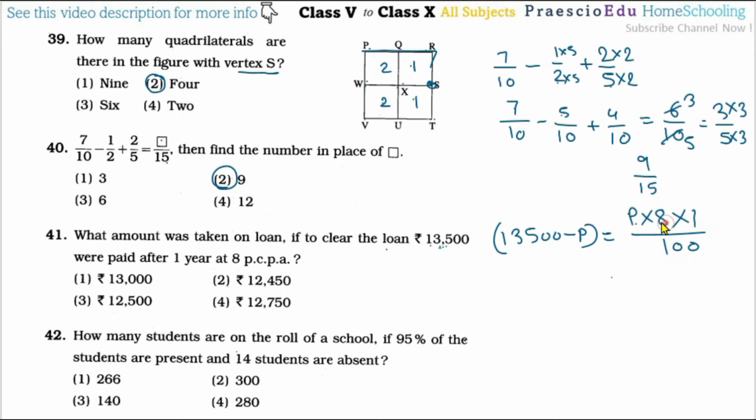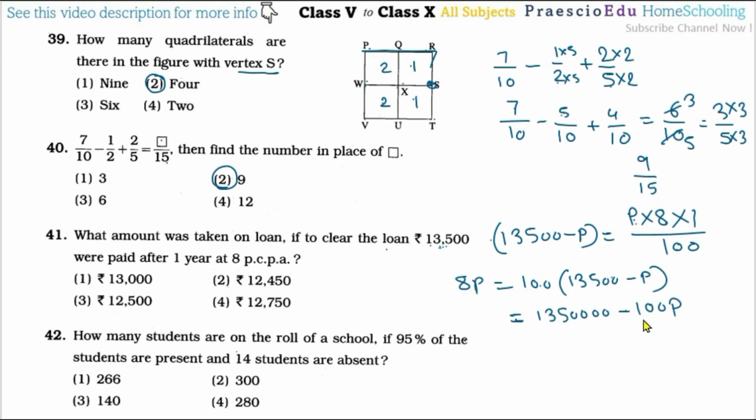So 8P equals 100 multiplied by 13,500 minus P. Now this multiplication means 13,500 followed by 2 zeros, then minus 100P. Now this 100P is subtracted, so it converts to an addition.